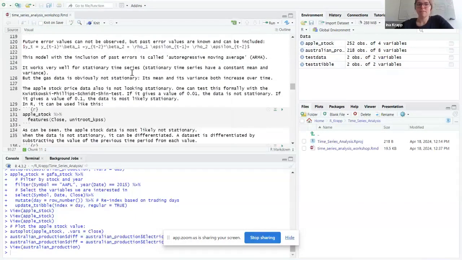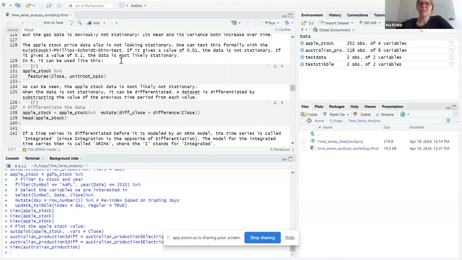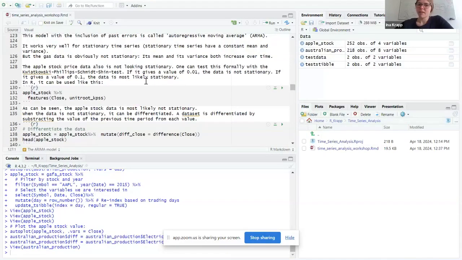And if we have this situation that we suspect a data set of not being stationary, we can also test this formally. The test for this has a fairly complex name, Kwiatkowski-Phillips-Schmidt-Shin test. And it will give a value of 0.01.